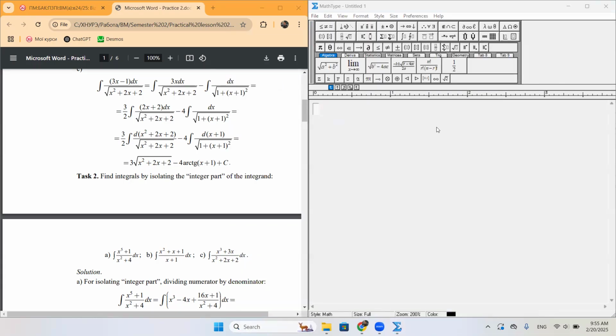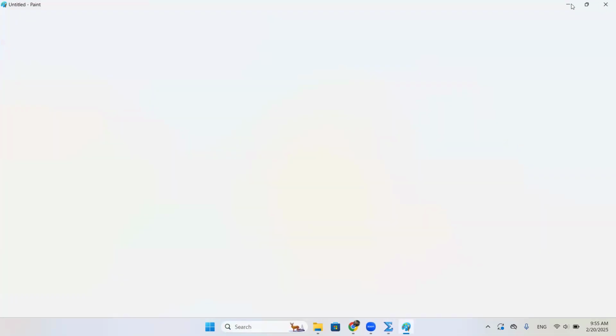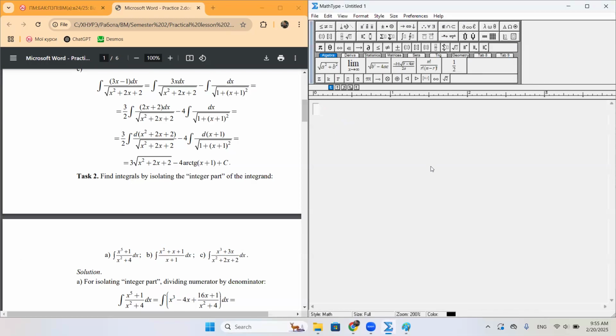So let's solve part B because it needs less calculation. But you will just understand the idea. And here the process is skipped. So x to the power of 2 plus x plus 1, over x plus 1, and dx.